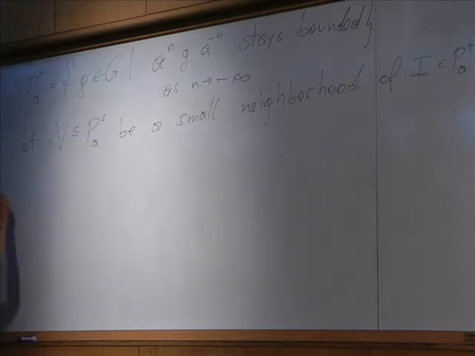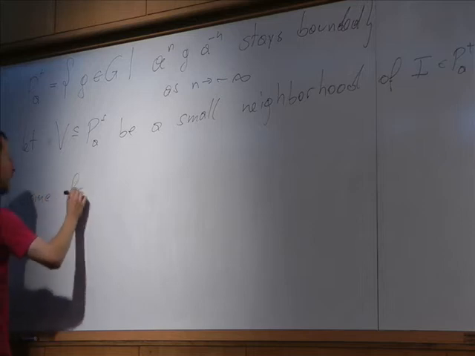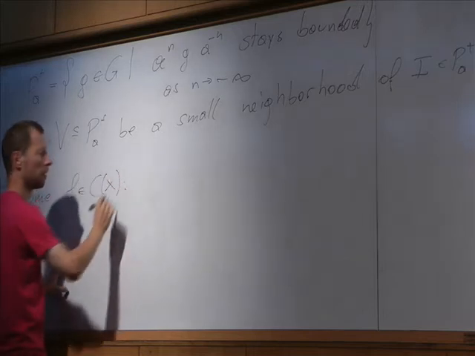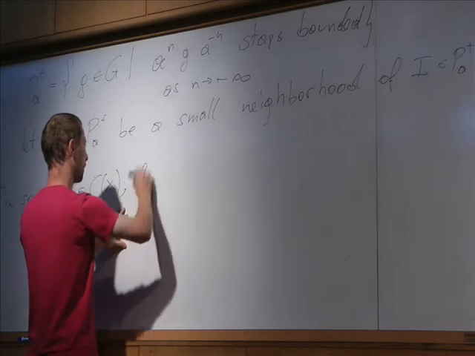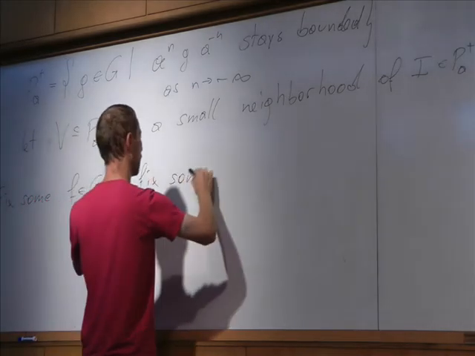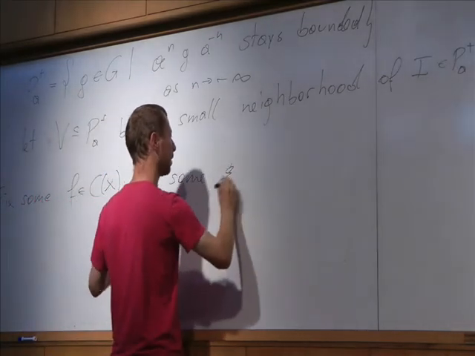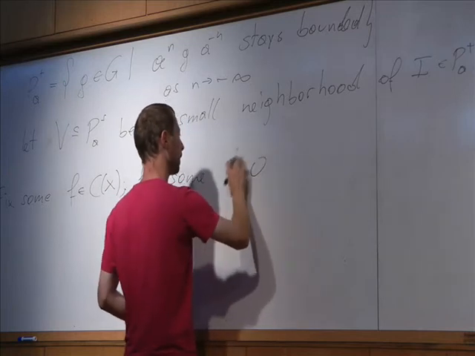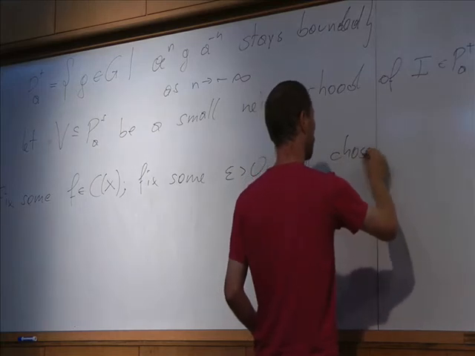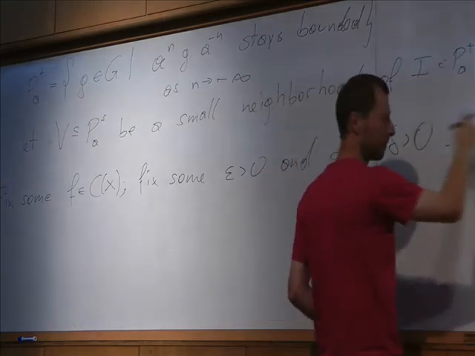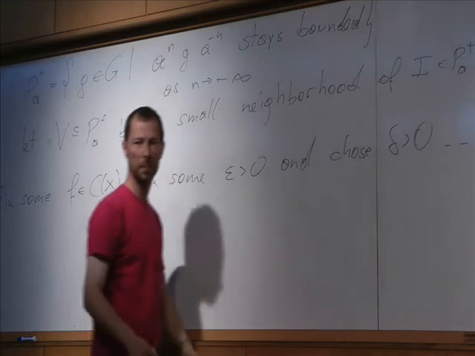How small? Fix some f in C(X). If you have a continuous function on a compact space, it's uniformly continuous. So fix some epsilon greater than 0 and choose delta greater than 0 as in uniform continuity.